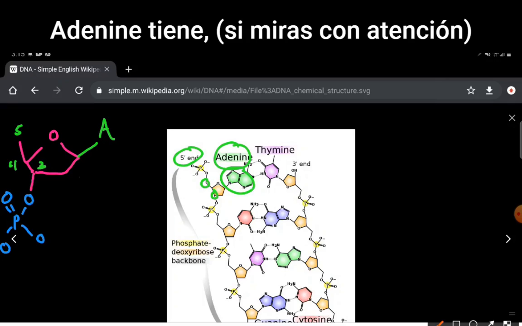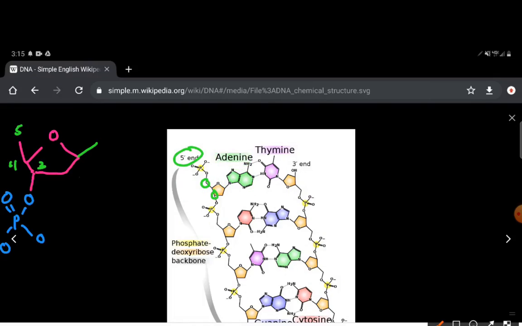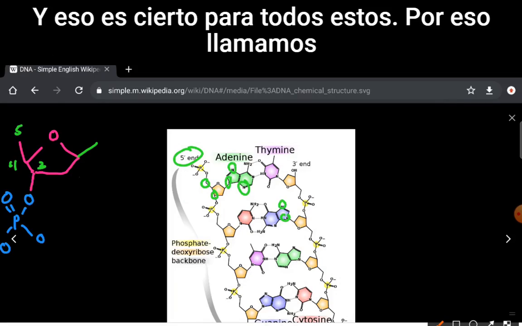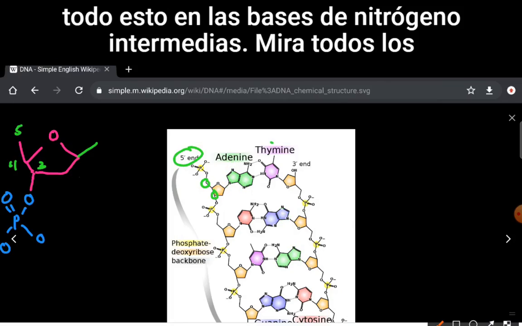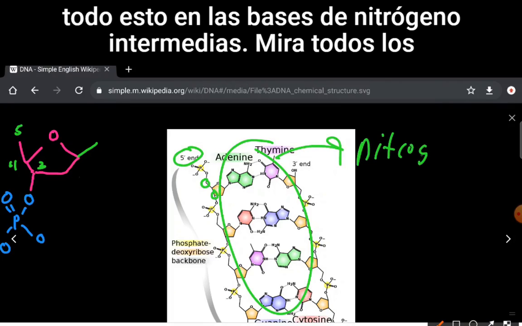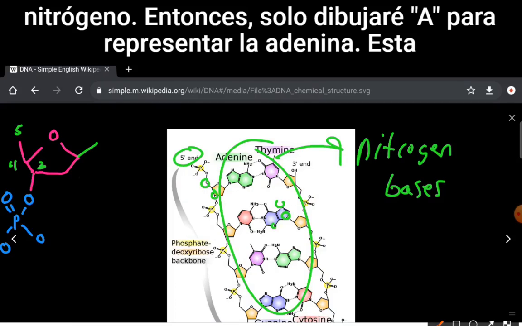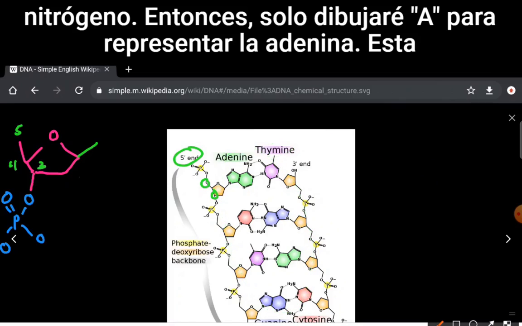Adenine, if you look carefully, has a lot of nitrogen. And that's true for all of these. That is why we call all this stuff in the middle nitrogen bases. Look at all the nitrogen. And so I will just draw A to represent adenine.